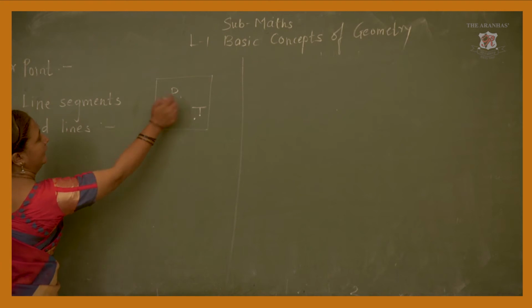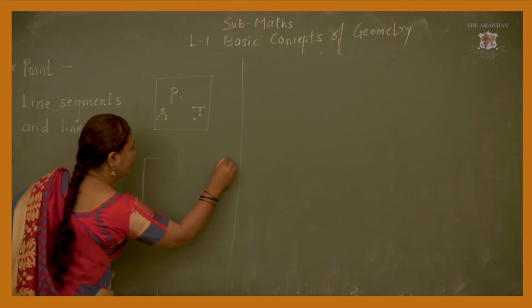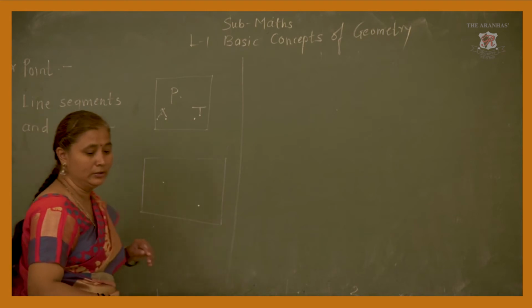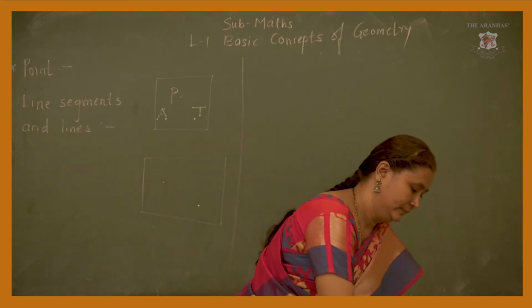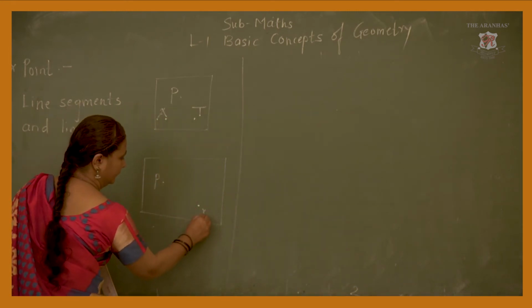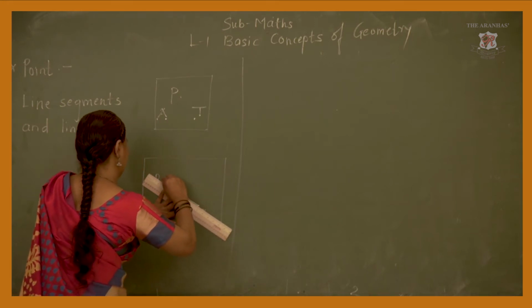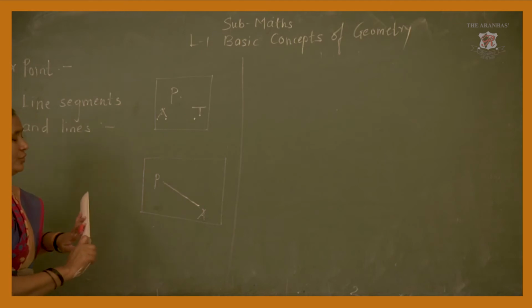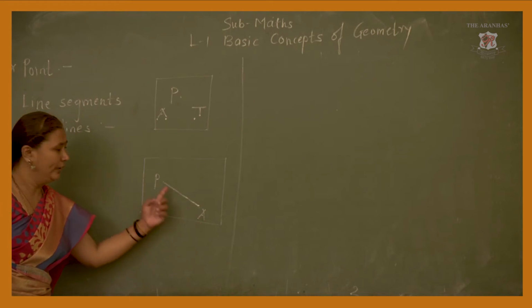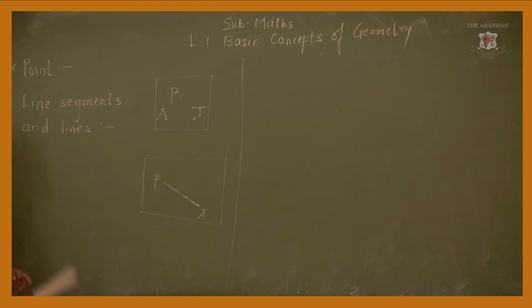Now look at the point P and point A. When we join the point P and point A with a ruler, we are getting a straight line. Yes, using a ruler, we are joining point P and point A. We are getting a straight line. That straight line is called line segment.